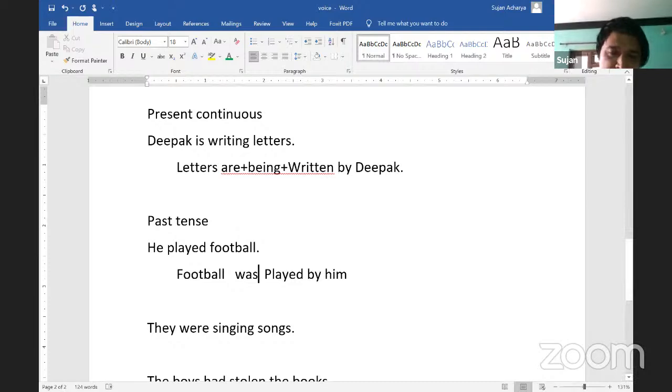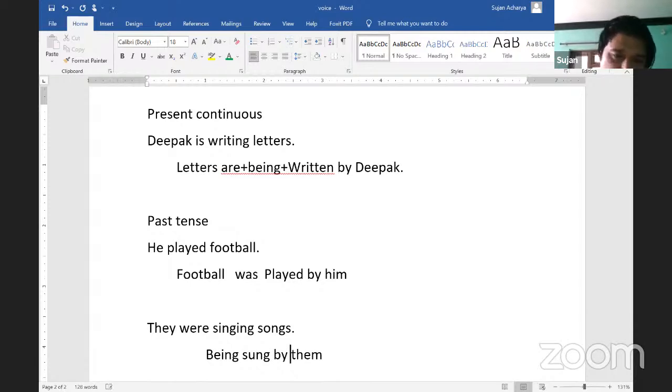They were singing songs. Sung is the V3 form. Add being in front of the verb. By them, songs becomes the subject of the sentence.